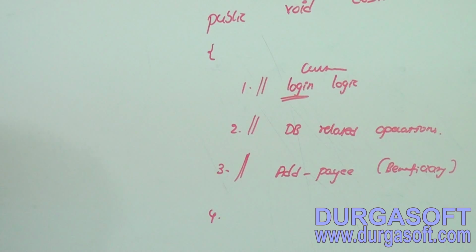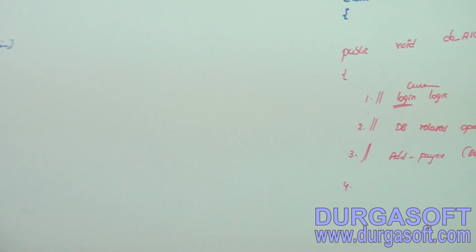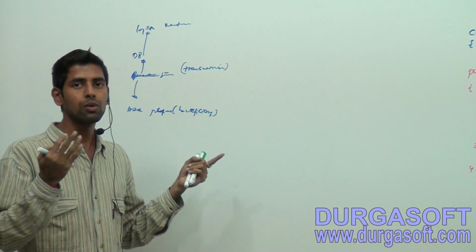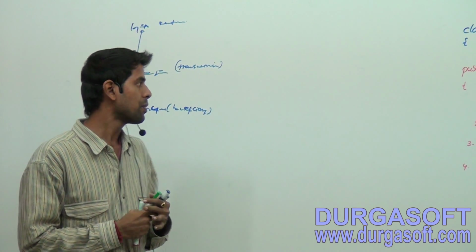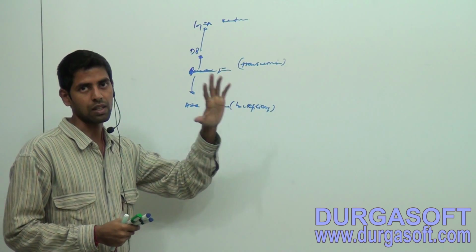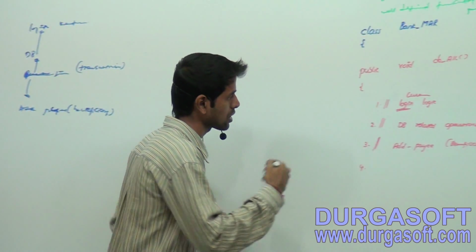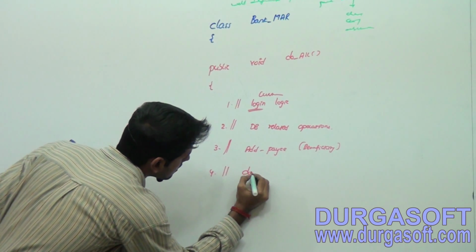Coming to the fourth one, do transaction: transfer the money from payer to the payee.